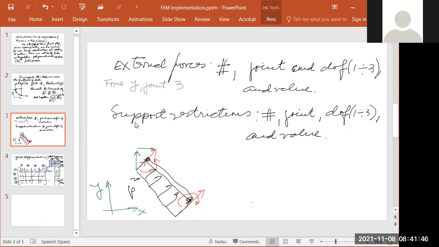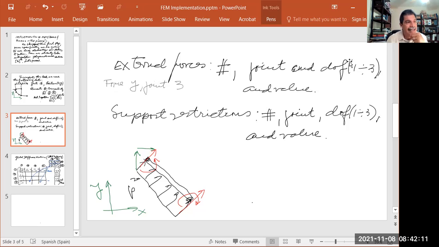I think the formula is multiplied by 3. Okay, so it's going to be the number of the joint minus 1 times 3, as you said, Mr. Ordóñez, and then since it is the second degree of freedom, you have to add 2. So 3 minus 1 is 2, times 3 is 6, plus 2.